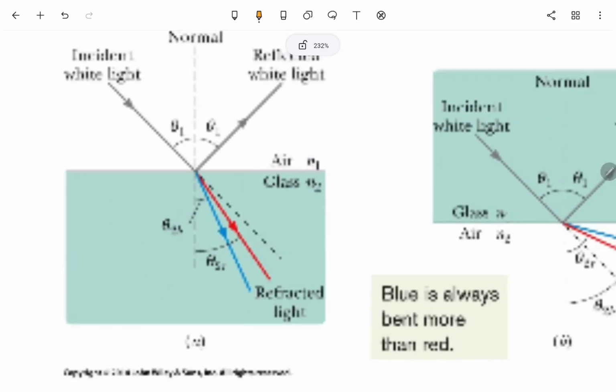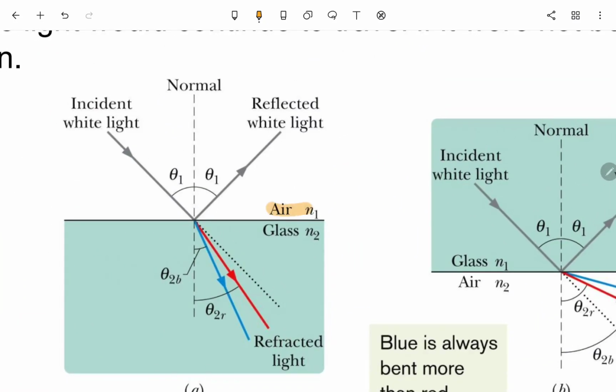So if it is air, of course it has a smaller n1, so this n1 is smaller than n2. This is the incident light, and if I extend it, it will refract. For the red light, of course the figure is exaggerate, 它是夸张的，它没有差那么多，只是画得明显一点而已.